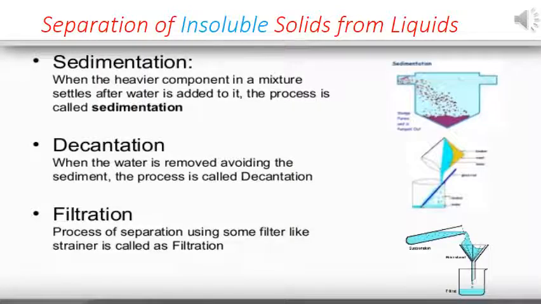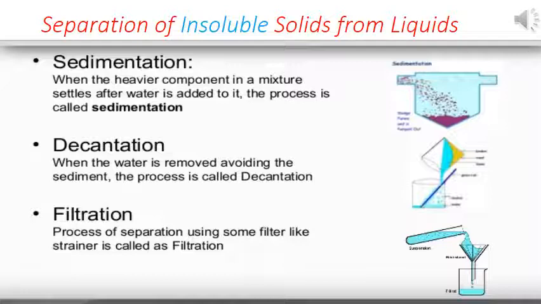Under separation of insoluble solids from liquid, the solute, that is the solid, does not dissolve in liquid. We have 3 methods to separate the insoluble solid from the liquid: first is sedimentation, second is decantation and third is filtration.